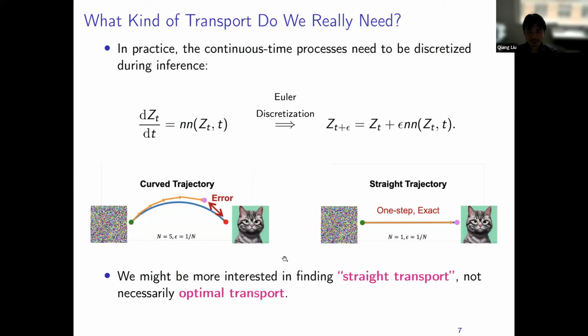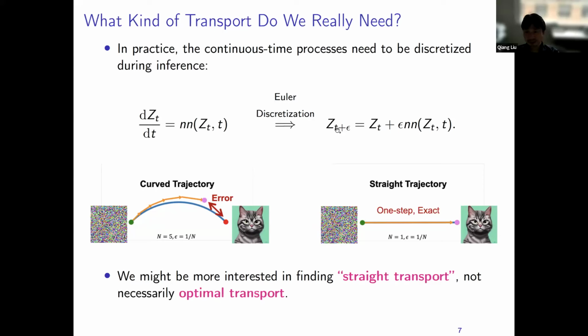What I mean is that if we want to learn an ordinary differential equation to transport from one distribution to another, in the end, at inference time, we are going to need to solve this differential equation. So we need to discretize the differential equation using, for example, Euler's method, right? And then we are going to have discretization errors, right?